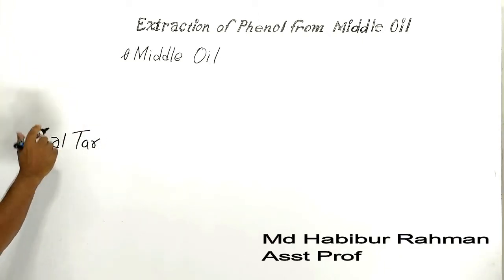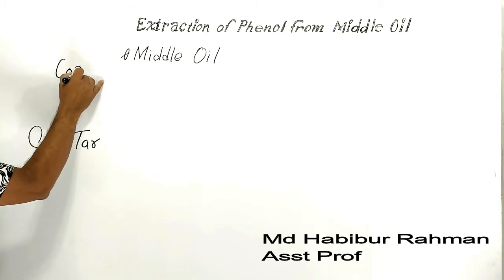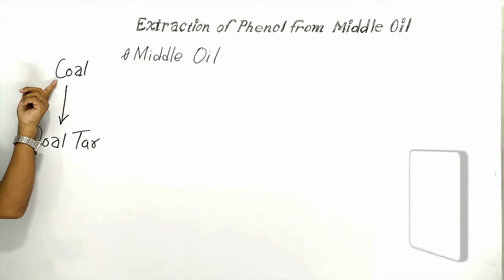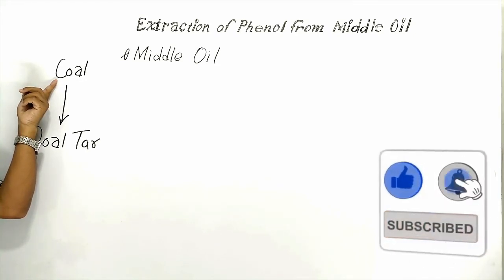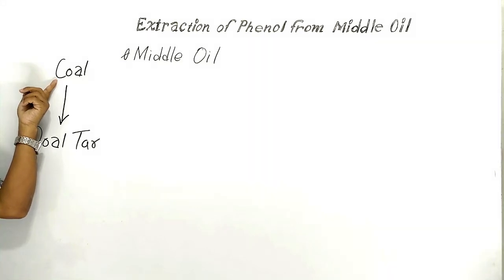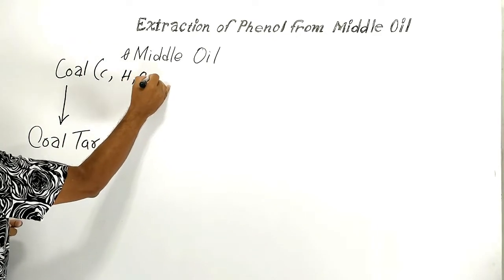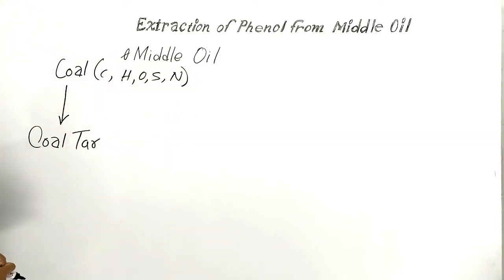Coal tar came from coal. Coal is defined as a combustible black or brownish black sedimentary rock which consists of mainly carbon and other elements: hydrogen, oxygen, sulfur and nitrogen.